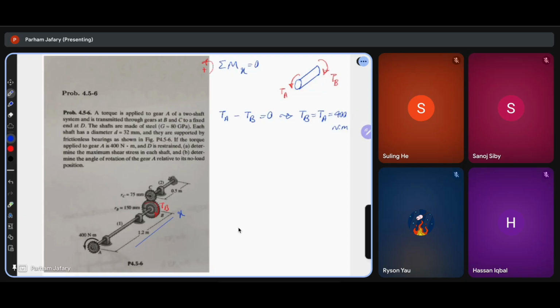Assuming, for example, we could have had something here, like another pulley, or simply something like this.